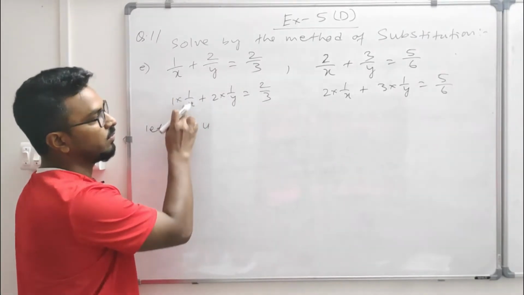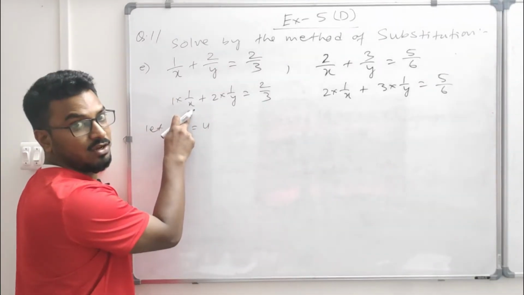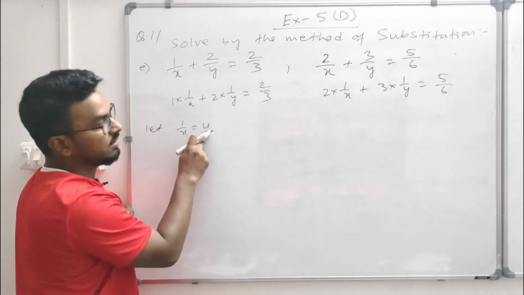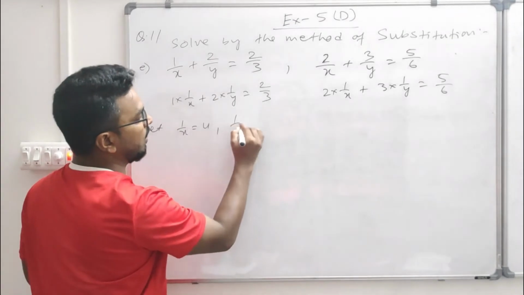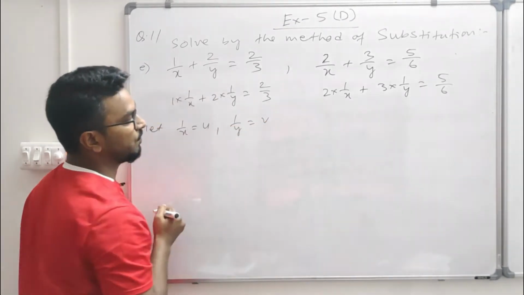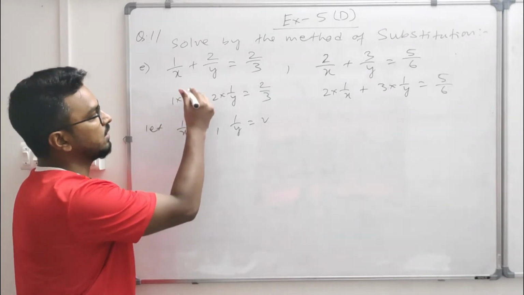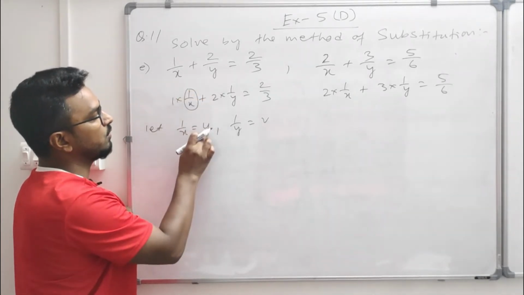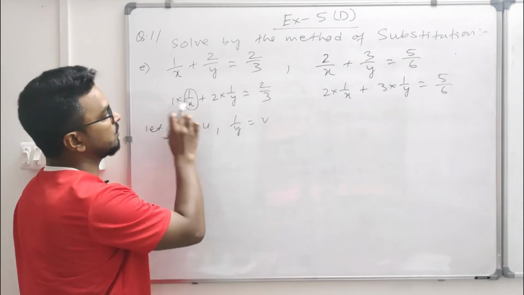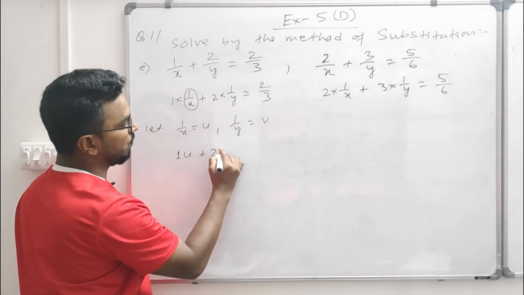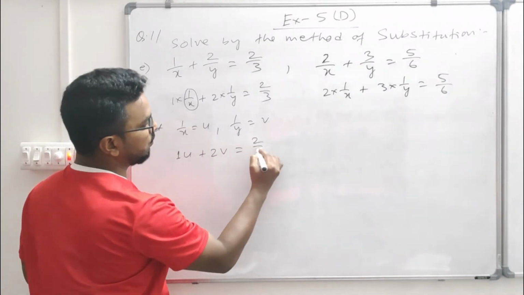You have to assume 1 by x because it is in fraction form. So 1 by x you take as u and 1 by y equals v. Now this will become 1u plus 2v equals 2 by 3.